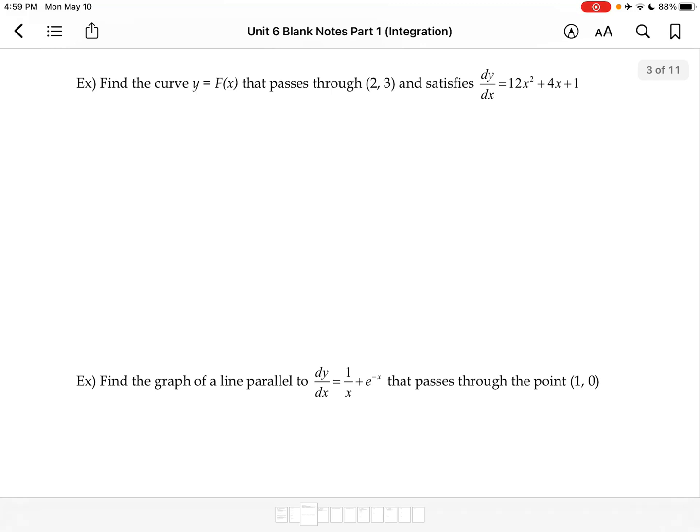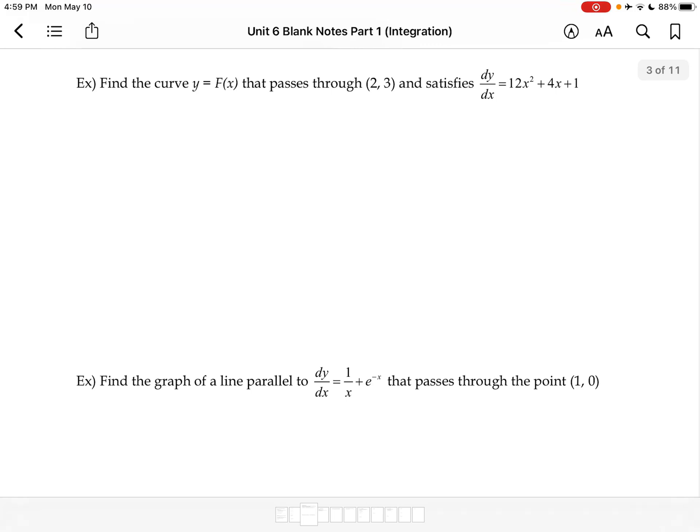Well, now we actually have a point on the curve y equals f of x. So once we find the original function, using the derivative and integration, we can use that point that we know to get the actual c value and get the specific function that satisfies these conditions.